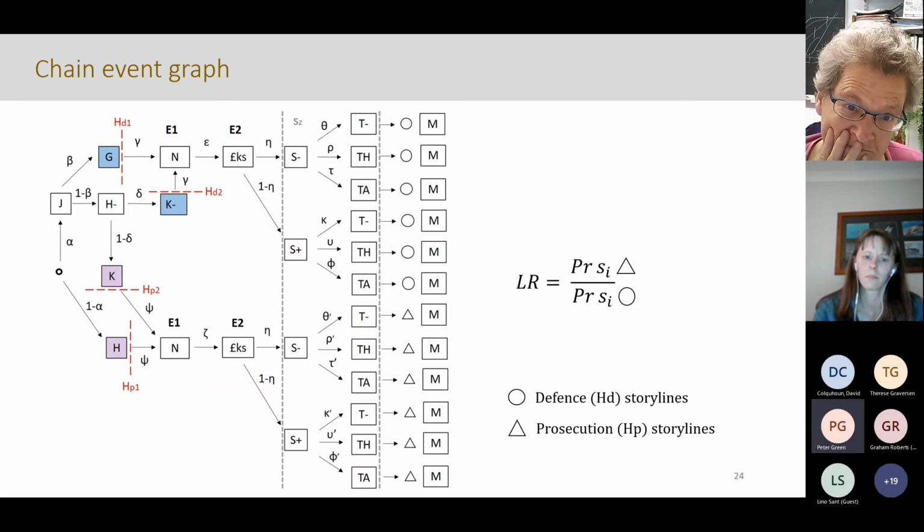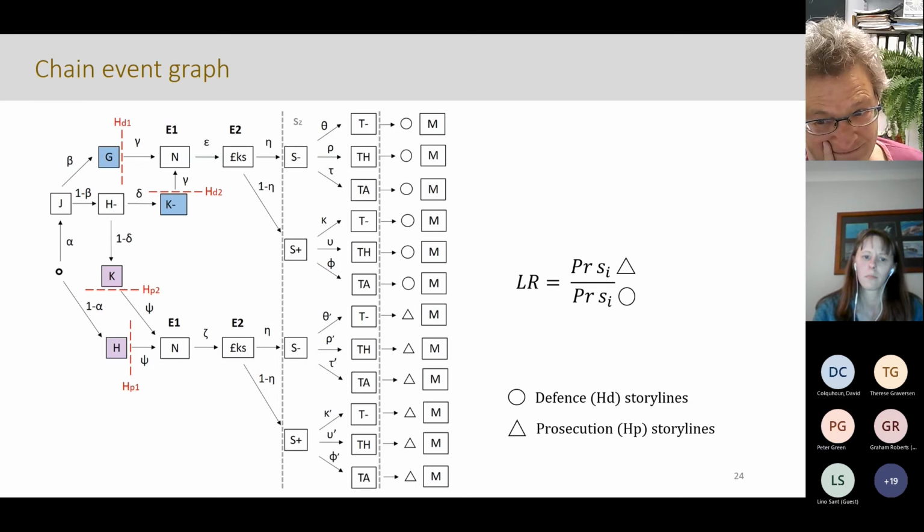Right. Okay, thanks. Peter, do you think one interpretation's more natural than the other? Well, I don't know. I've hardly spent more than 10 minutes of my whole life thinking about chain event graphs.